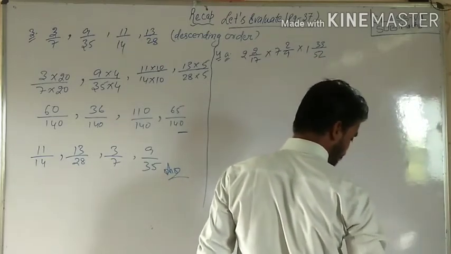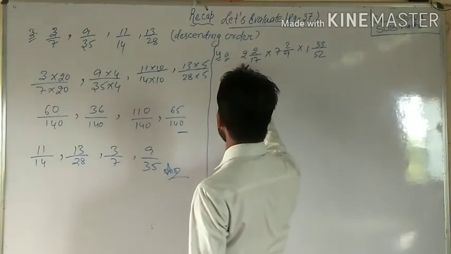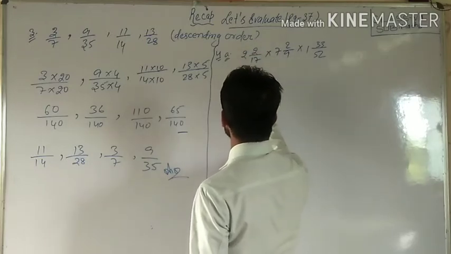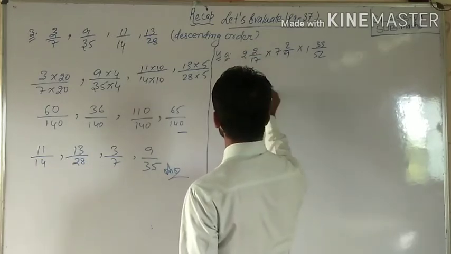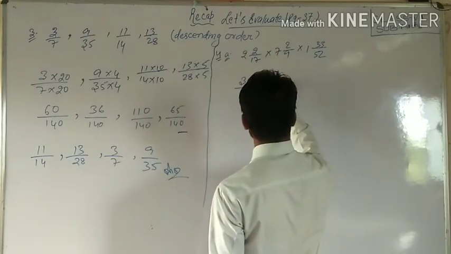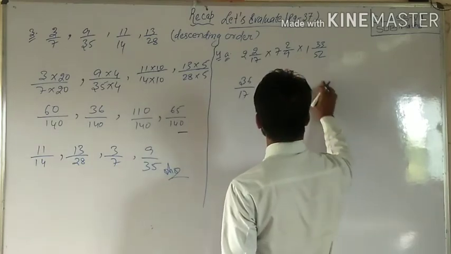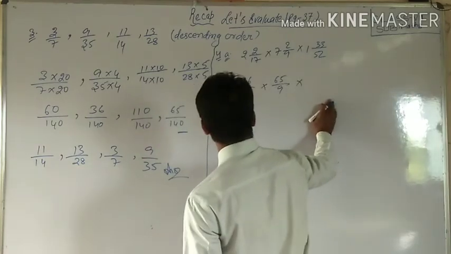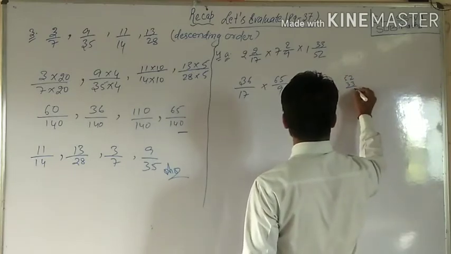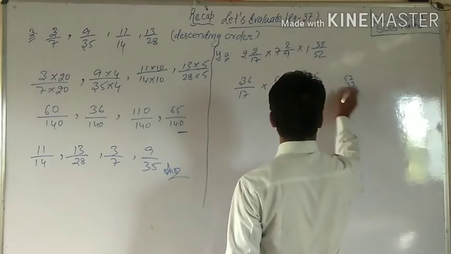See, students, what we will do here: we will convert it into simple fractions. 17 times 2 is 34, plus 2 is 36, so 36 by 17. 9 times 7 is 63, plus 2 is 65. 52 times 1 is 52, plus 33 is 85, so 85 by 52.